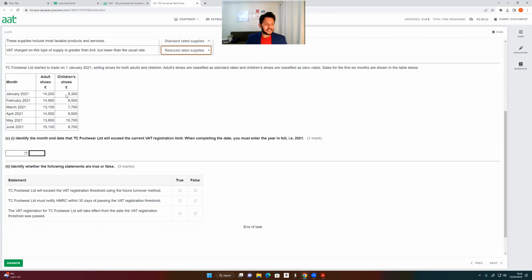All right, the next one says FC Footwear Limited started to trade on 1st January 2021, selling shoes for both adults and children. Adult shoes are classified as standard rated, and children's shoes are classified as zero rated. Then we have sales for the 6 months shown below in the table.